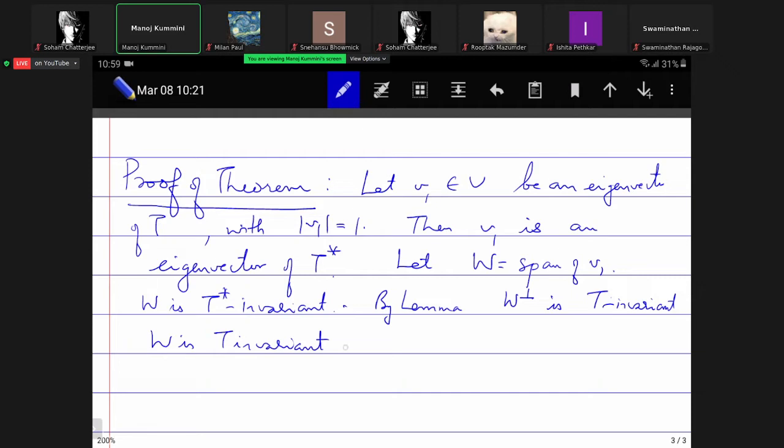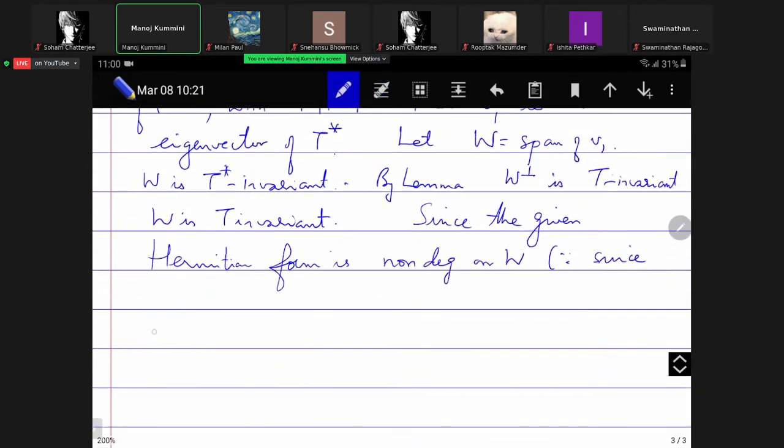So W perp is T invariant, and since the given Hermitian form is positive definite, it's going to be non-degenerate on every subspace, in particular on W. Therefore V is W direct sum W perp.